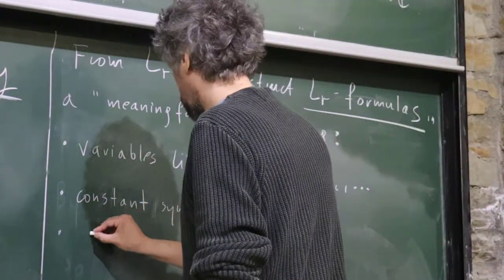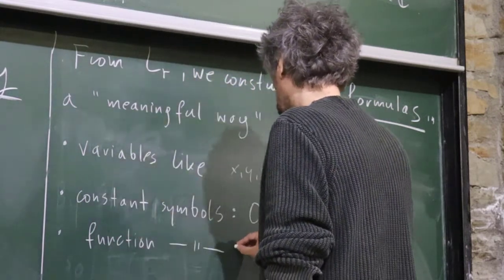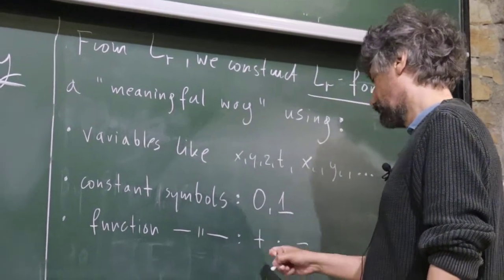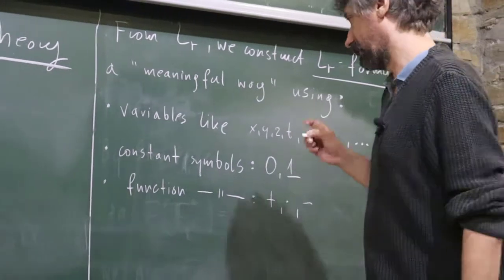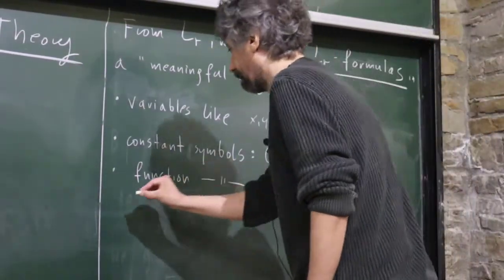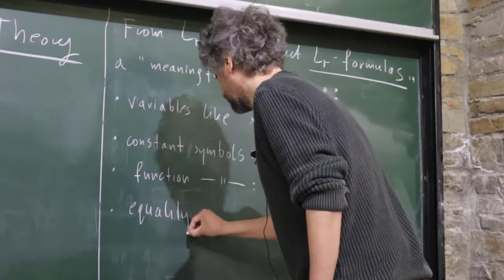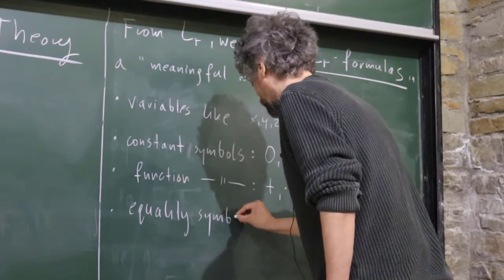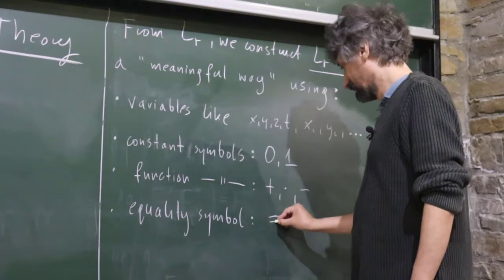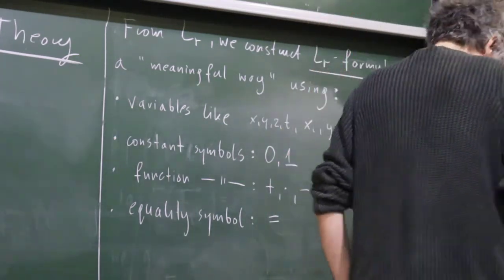Our function symbols: so 2 binary, 1 unary. Equality: now we regard equality again only as a symbol, this symbol of 2 short lines.